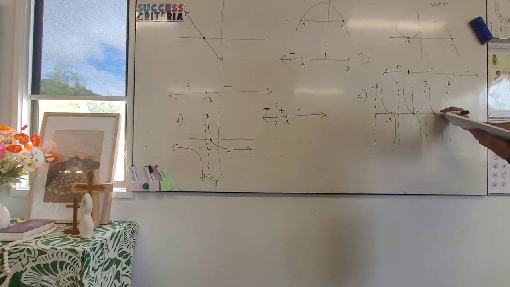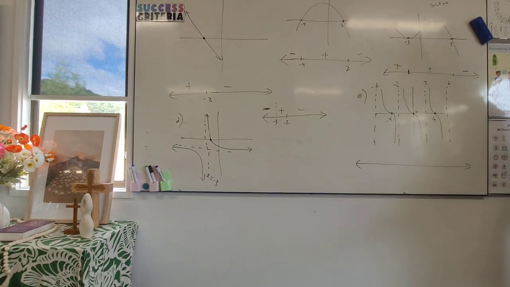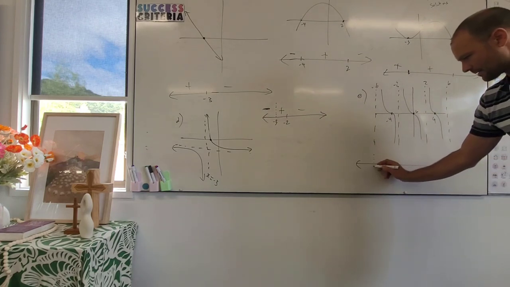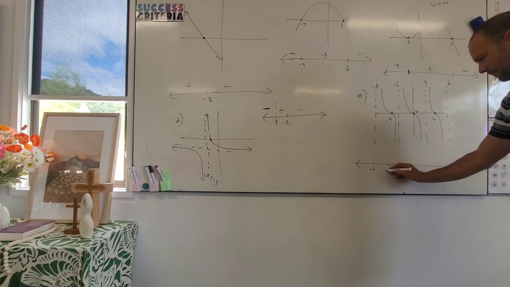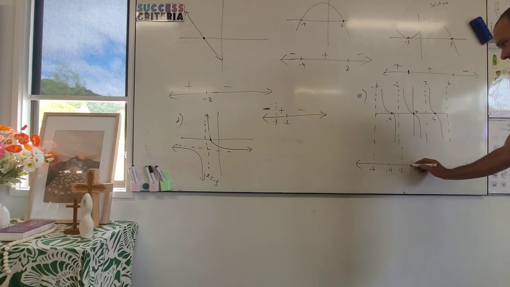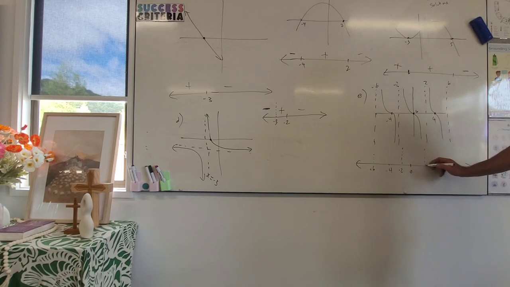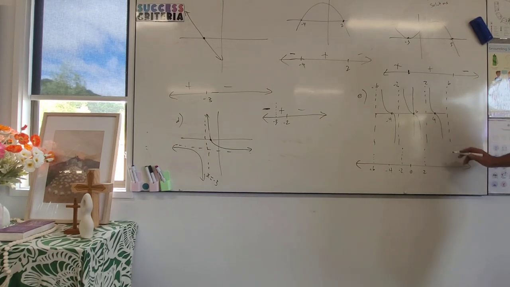Okay, so if we're drawing the sine diagram, we need to display all of the asymptotes and all of the roots, all in order as well. So we have an asymptote at -6, a root at -4, an asymptote at -2, a root at 0, an asymptote at +2, a root at 4, and then an asymptote at 6.